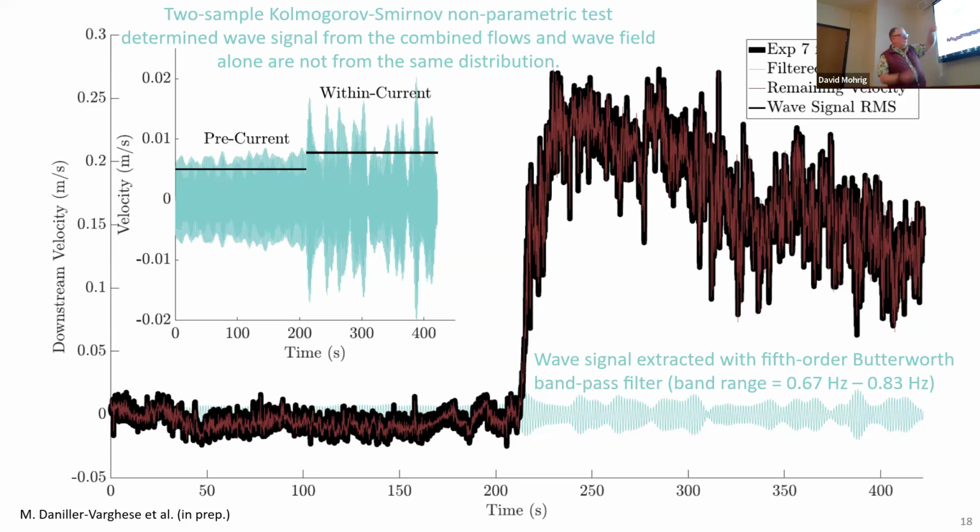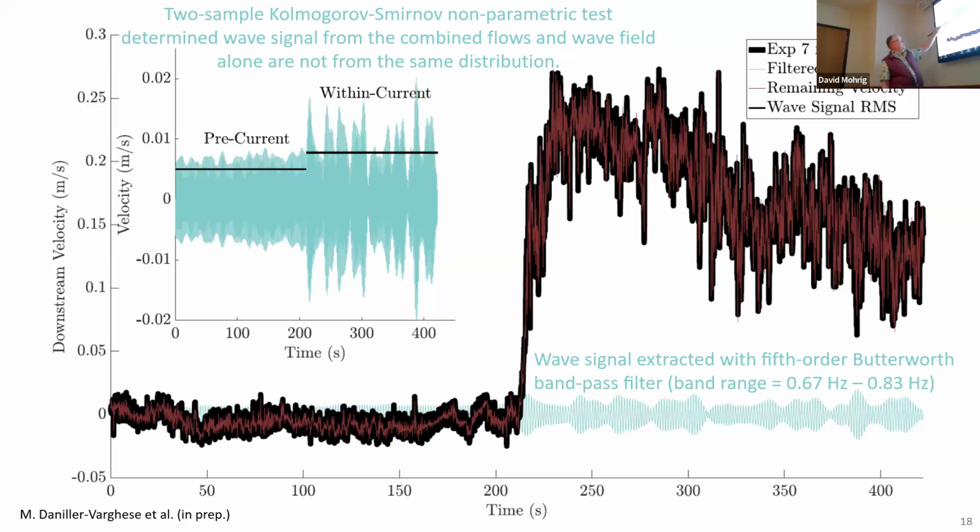So this is right, it's sitting there at a point just in the wave field, about halfway down the tank. So we're not in the deepest part of the tank. The current goes underneath it. This is the head of the current coming past, so the velocities go up. And you can see a couple of things here. This is the signal that's produced. We blow this up, and you can see the pre-current and the with-current here.